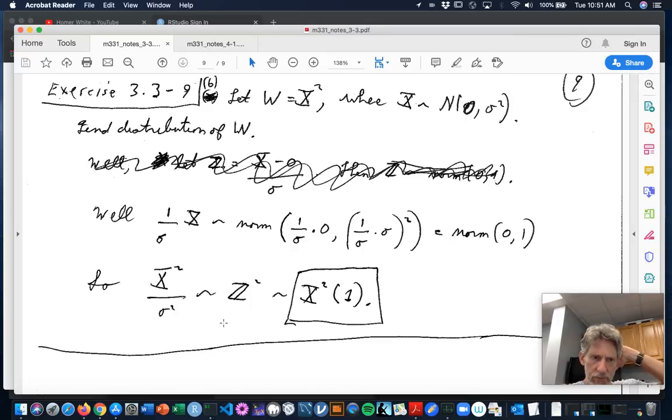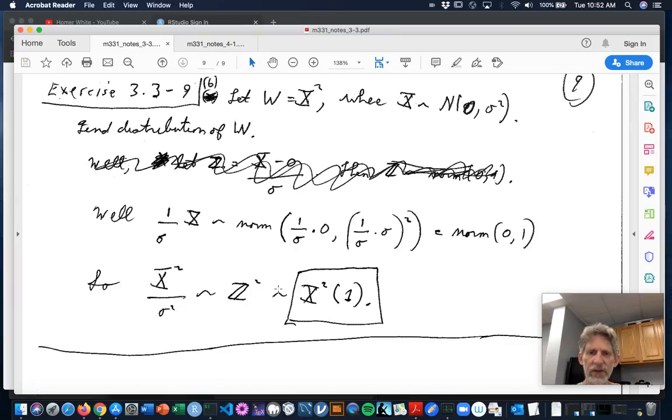So if X squared over sigma squared is chi-square 1, then I wonder what W would be. See, here's W. So we got W over sigma squared is chi-square 1.